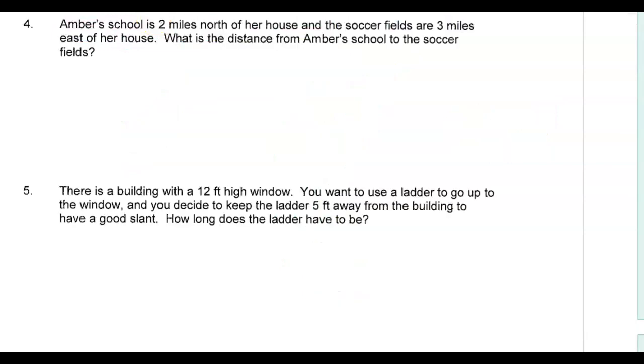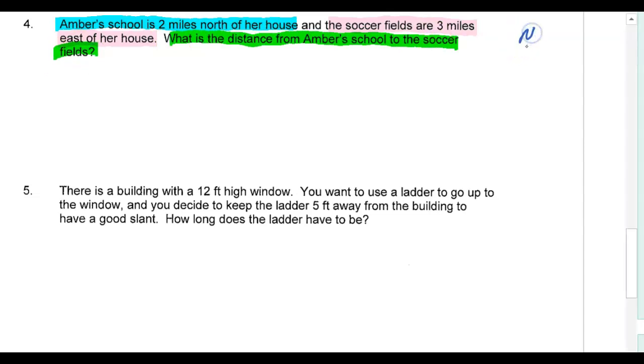So let's look at problem number 4. Amber's school is 2 miles north of her house, and the soccer fields are 3 miles east of her house. What is the distance from Amber's school to the soccer fields? So just in case you don't know your directions, I'm drawing this on the right side of the screen.